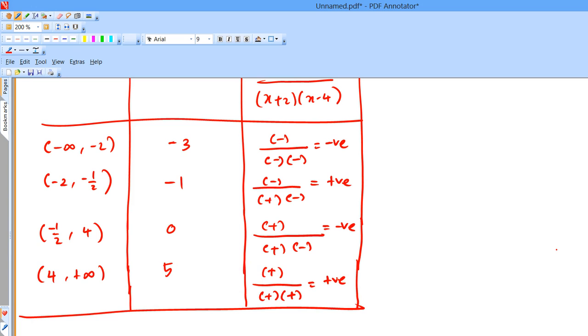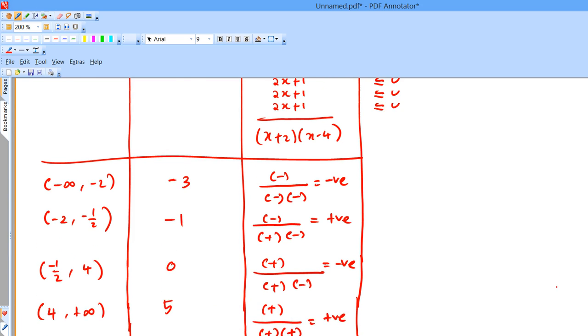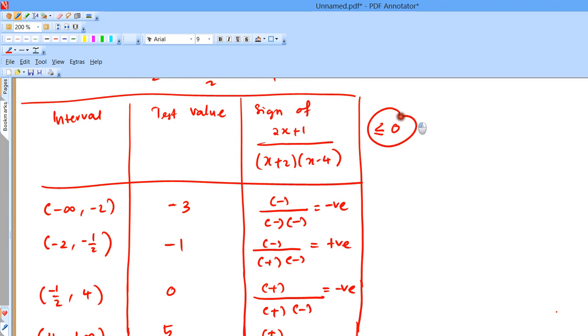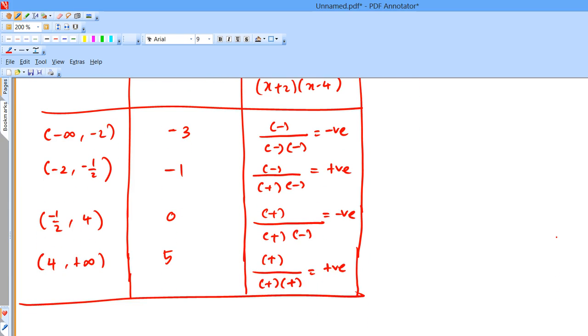So our inequality symbol is less than or equal to 0. Less than or equal to 0 means we want the sign of the rational expression to be negative. So we will choose the first interval and the third interval.